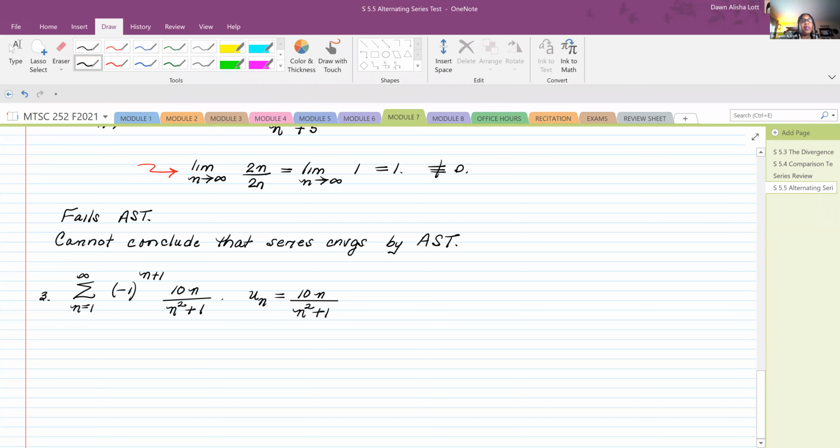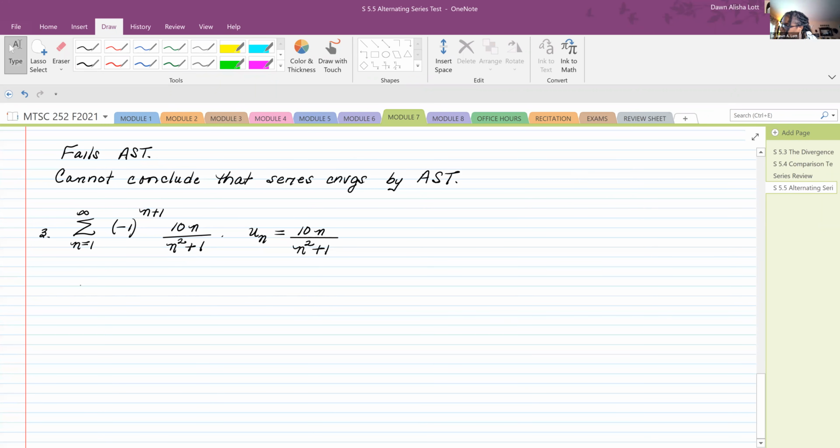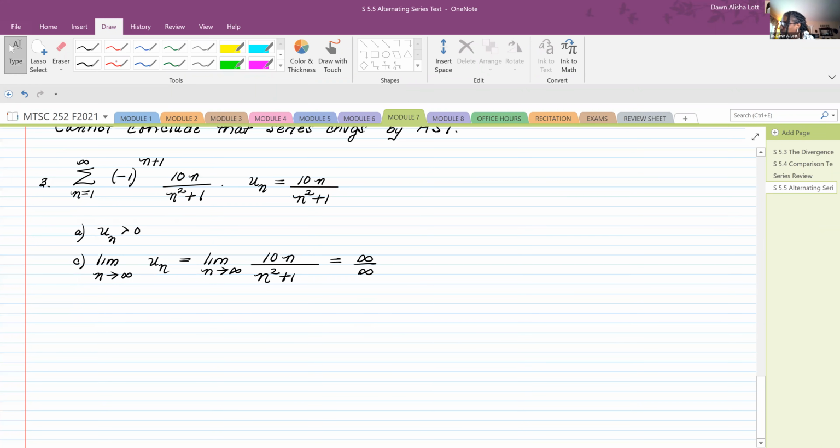If I put anything above 1 in there, I can clearly see that U_n is always positive. And C, I can see that the limit as n approaches infinity of U_n, which is the limit of 10n over n squared plus 1, is infinity over infinity. So let's use L'Hopital's rule.